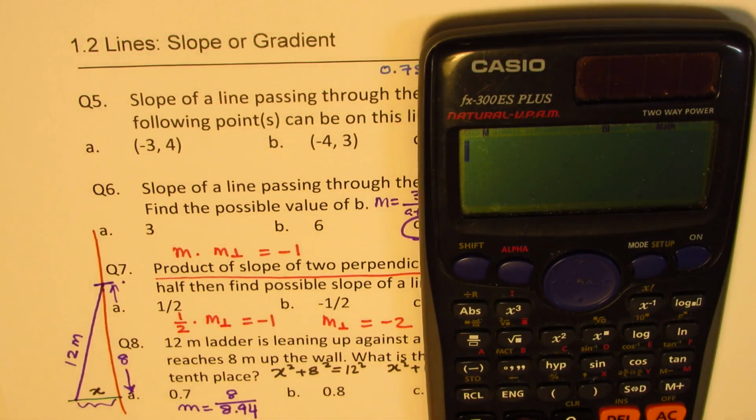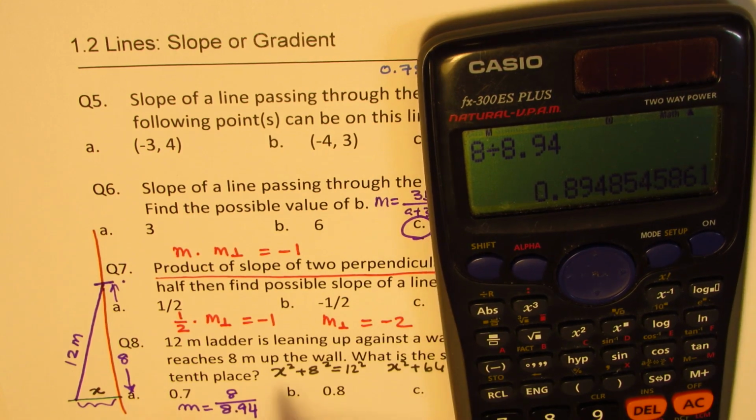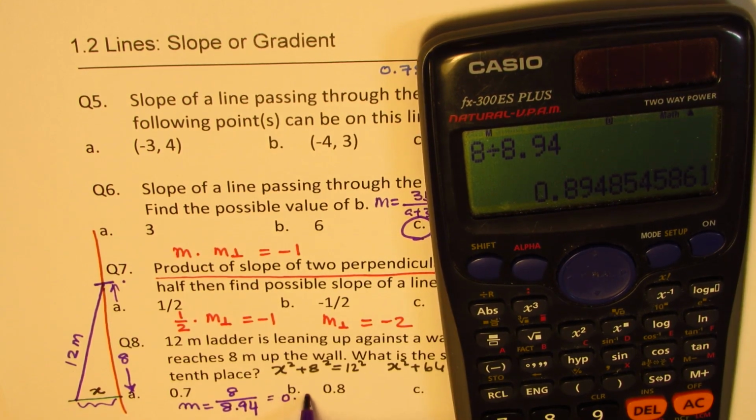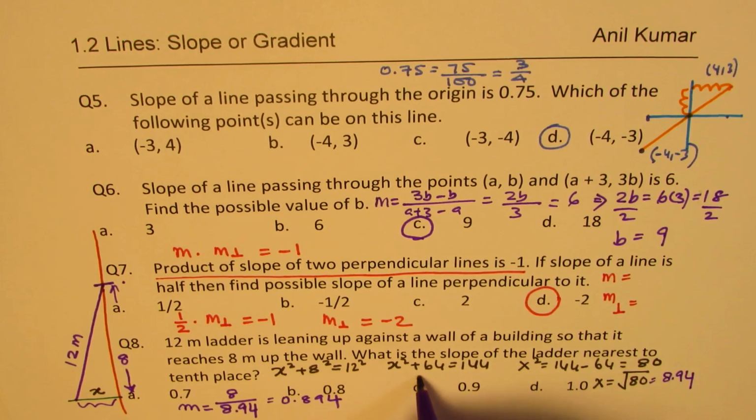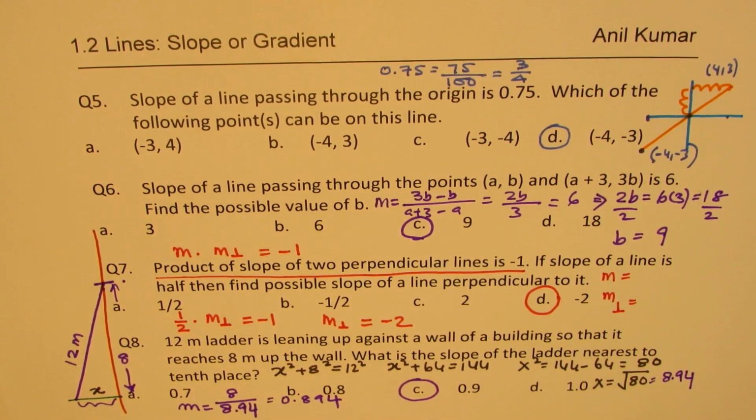So how much do we get? 8 divided by 8.94 equals, in decimals, 0.894. Okay, so which rounds to how much? 0.894 rounds to C, which is 0.9. So the slope of this ladder is 0.9.